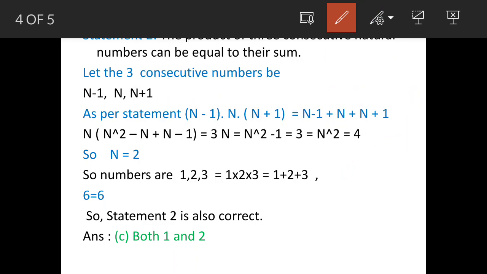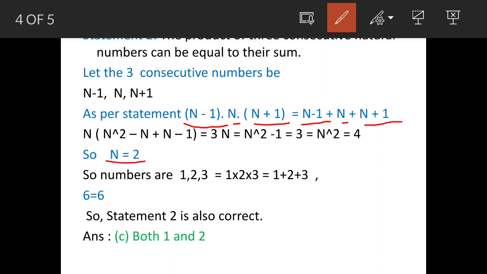So we assume these numbers as n minus 1, n and n plus 1. Now as per the statement, the product is equal to the sum. So we'll put the product here, n minus 1 times n times n plus 1, and on this side we'll put the sum, n minus 1 plus n plus n plus 1.